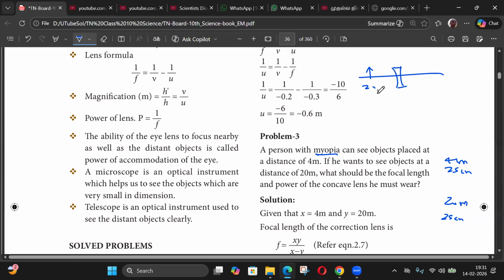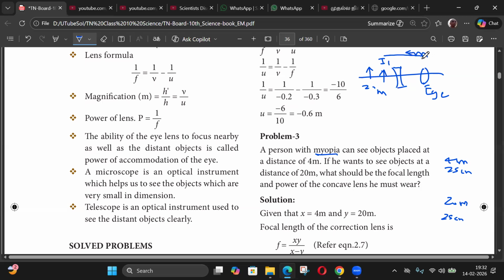So the object which is at 20 meters, from the specs, should form an image. This is the eye lens, and this is the specs. The image should come to a very short distance from the specs. So the first image, let me call it I1, should be at a distance of 4 meters.